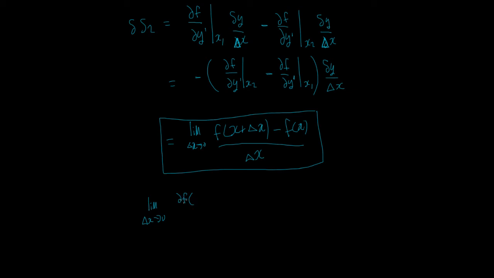The limit as delta x tends to 0 of df of x plus delta x, because that's what x2 is. x2 is x1 plus delta x.